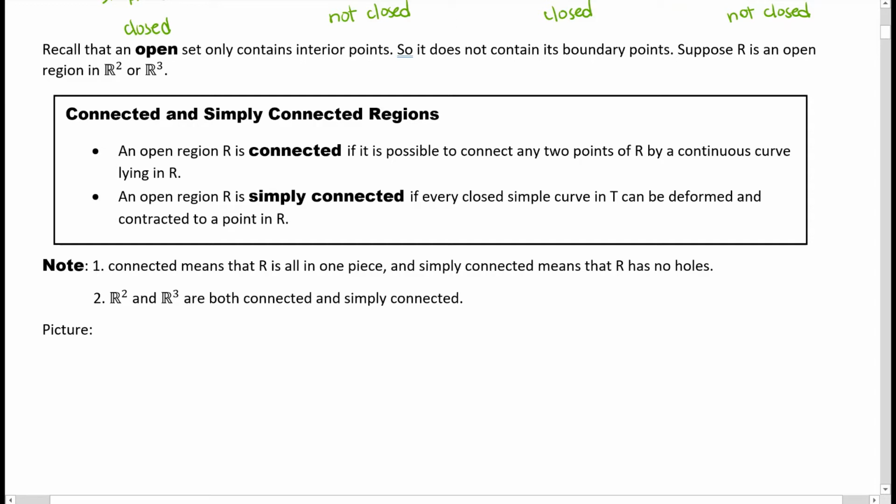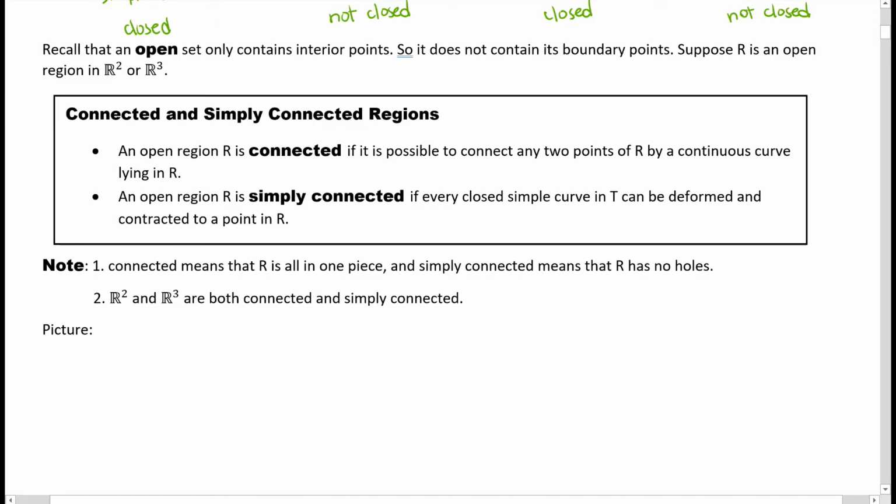An open region R is connected if it is possible to connect any two points by a continuous curve lying in R. An open region R is simply connected if every closed simple curve in R can be deformed and contracted to a point in R.